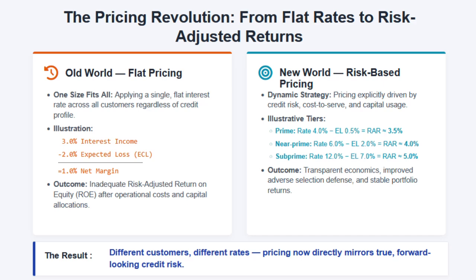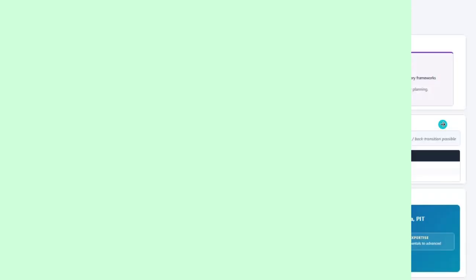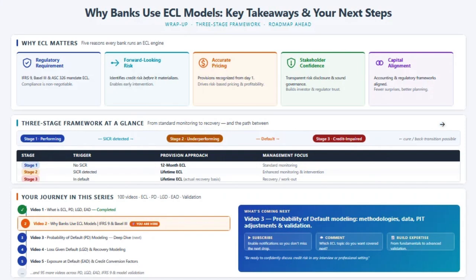And this isn't just about higher rates. It creates transparent economics, improves the adverse selection defenses, and stable portfolio returns. The pricing revolution has arrived, and it fundamentally changes how financial institutions approach profitability.